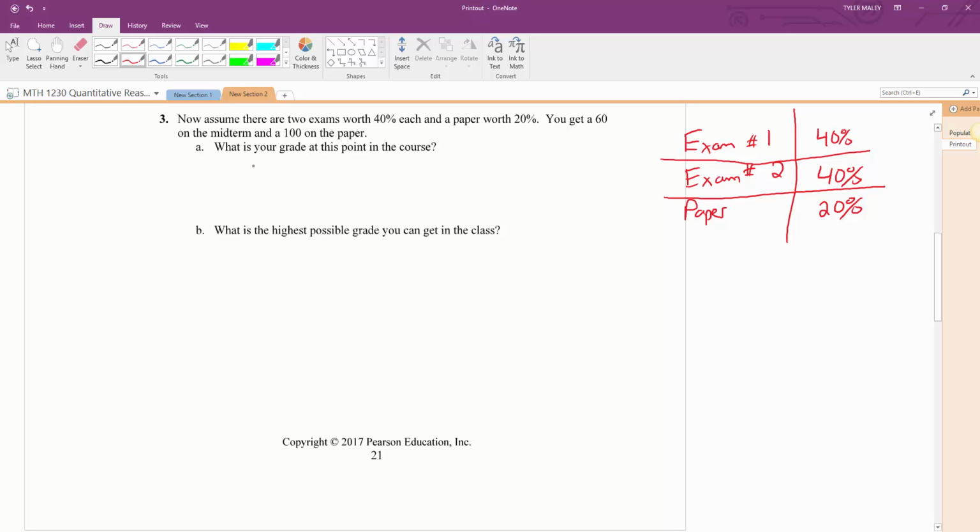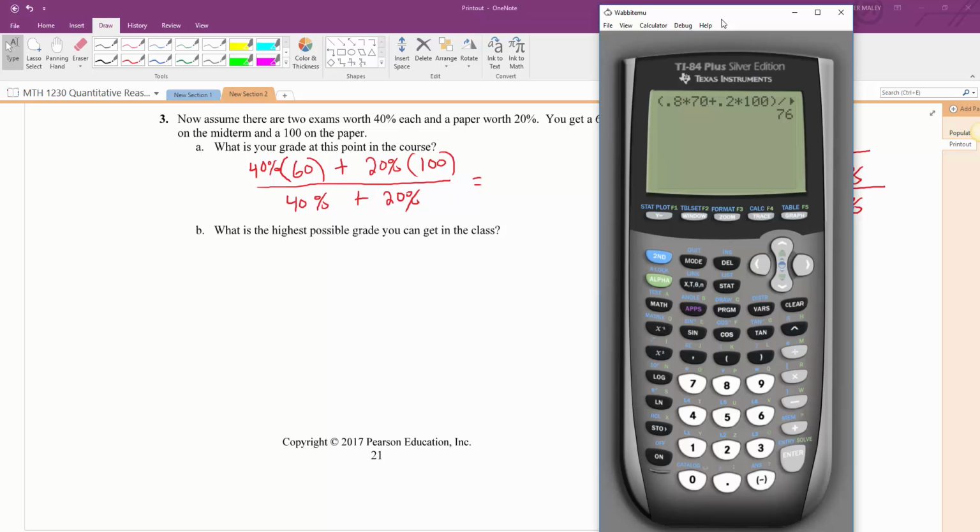To do this, we would take the first weight, 40%, multiply times 60, since we got 60 on the first midterm, plus 20% times 100. And then divide this by the 40% plus 20%. So we can plug this in the calculator really quick.